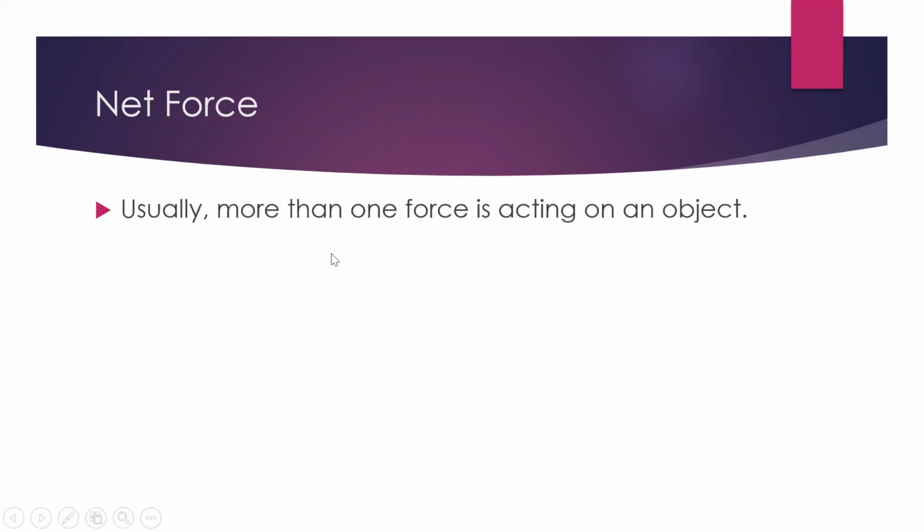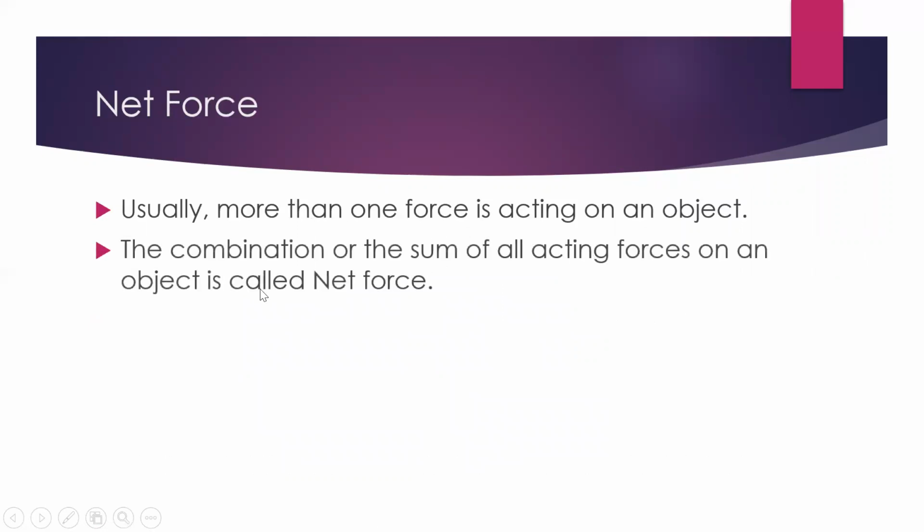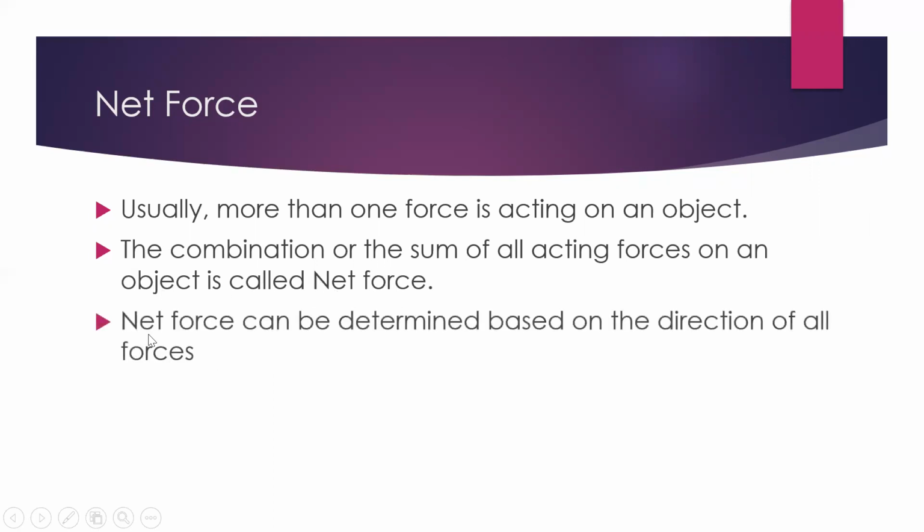Usually more than one force is acting on an object, and the combination, the sum of all these acting forces on an object, is called net force. Net force can be determined based on the direction of the forces. Either I will make the sum or subtract.